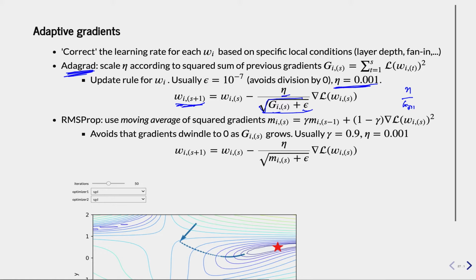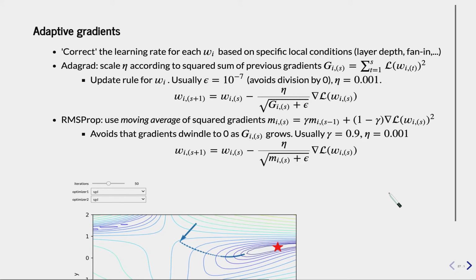But you do not want to make this too large, otherwise it may not recover fast enough. So take one small value for the initial learning rate. It can be 0.001 or 0.01. And then afterwards, let the algorithm itself learn how to scale this learning rate for each weight independently.